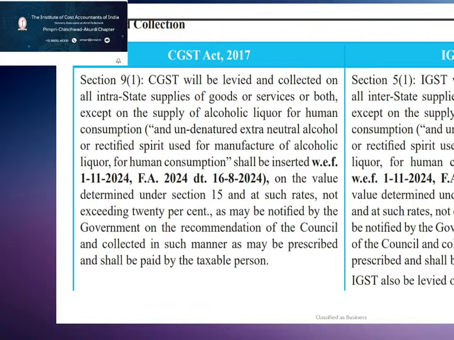The value of exported goods or services, the exempted goods, interstate supplies between distinct persons, and supply on account and on behalf of principal. So these are what aggregate turnover includes, and the right side is what aggregate turnover excludes. It does not include the inward supplies where the recipient is required to pay tax, and the CGST, SGST, Union Territory tax, IGST and compensation cess are not included in the aggregate turnover.